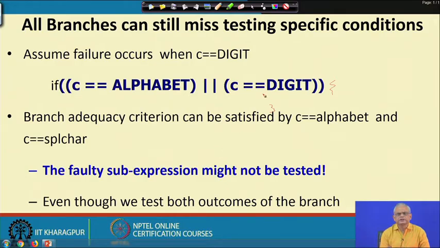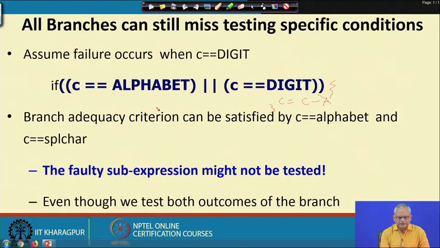Maybe we are recovering the integer value of C. If it is a digit, we will set C equal to C minus A, let us say, which will retrieve the integer value.